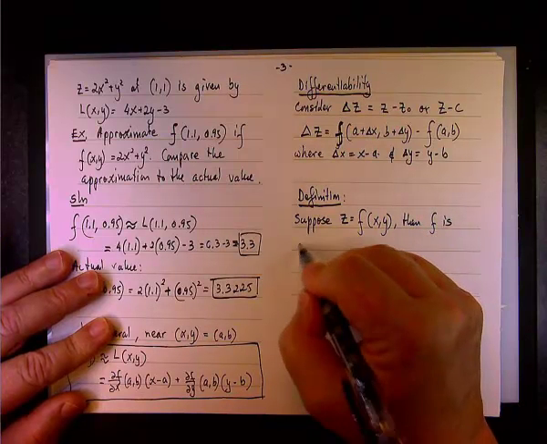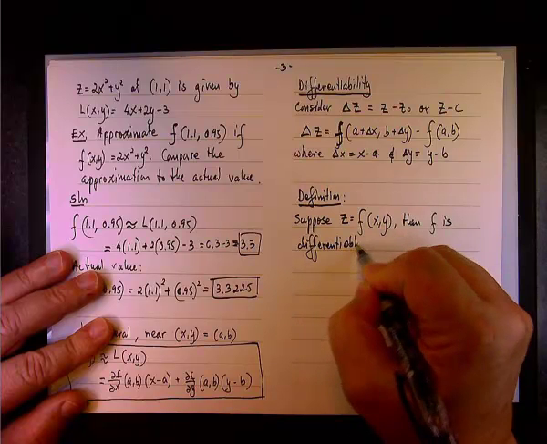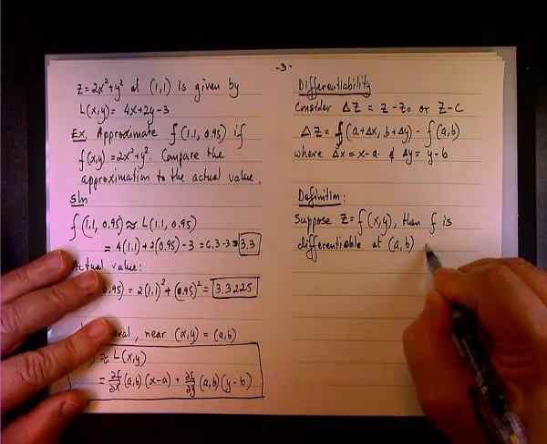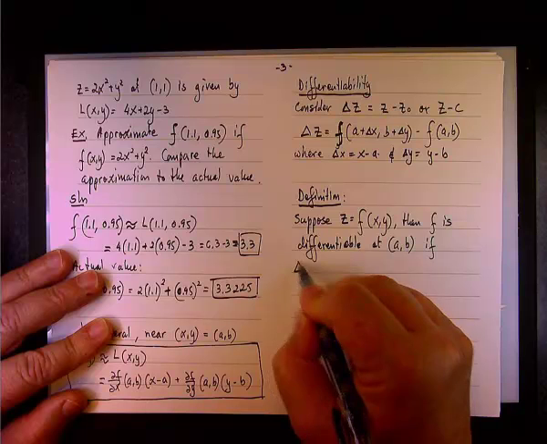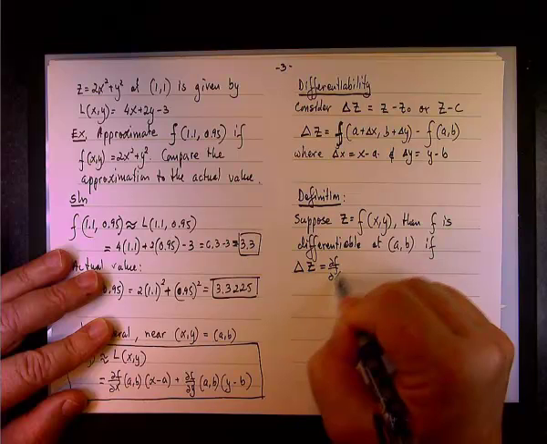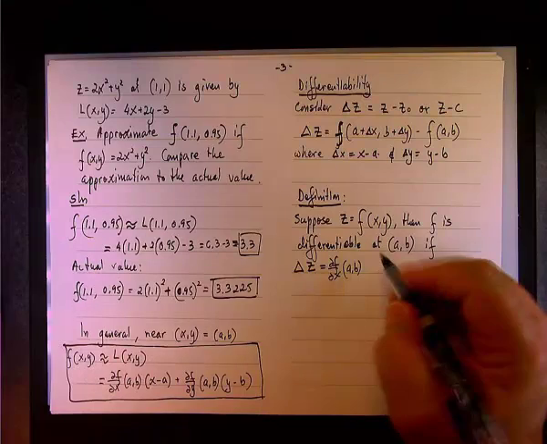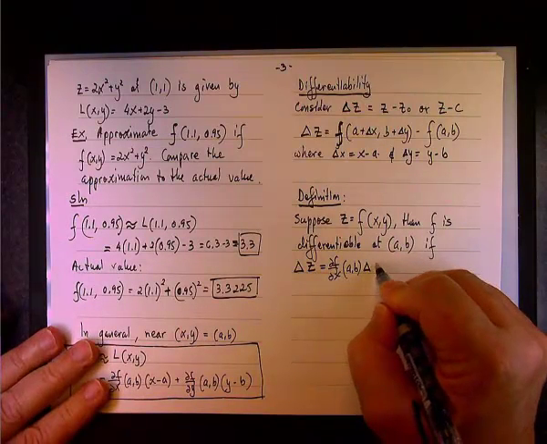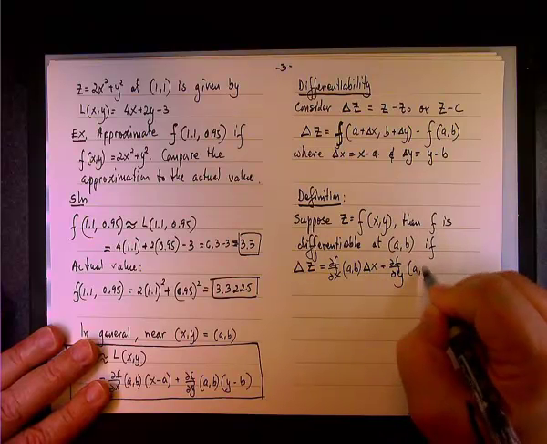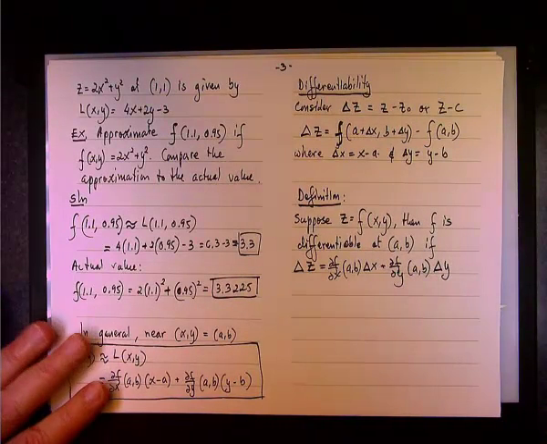Then f is said to be differentiable at (a, b) if the following happens: delta z is del f del x at (a, b) times delta x plus del f del y at (a, b) times delta y.